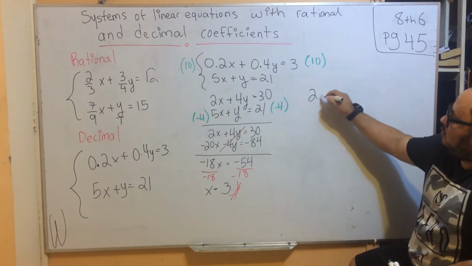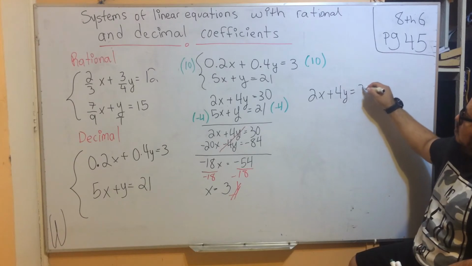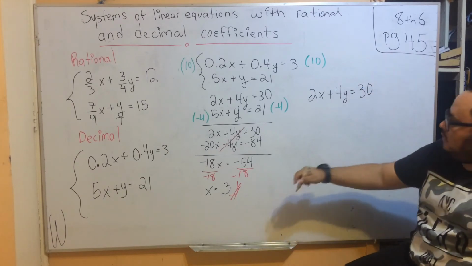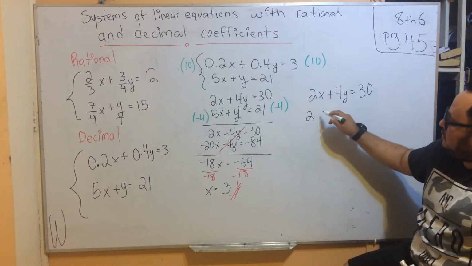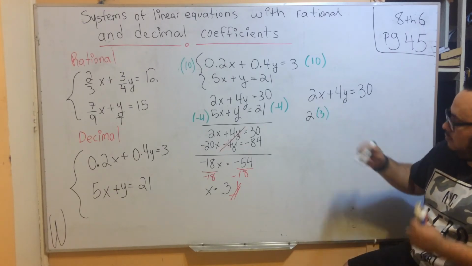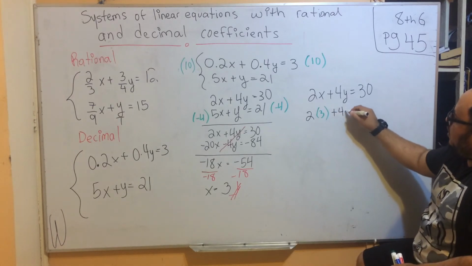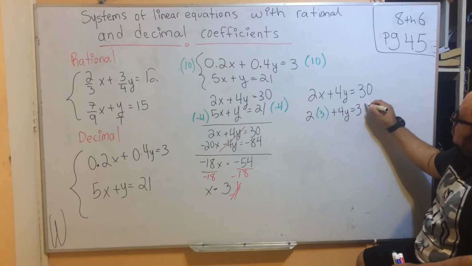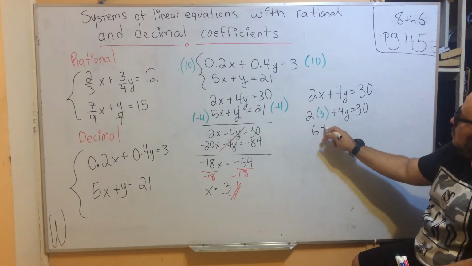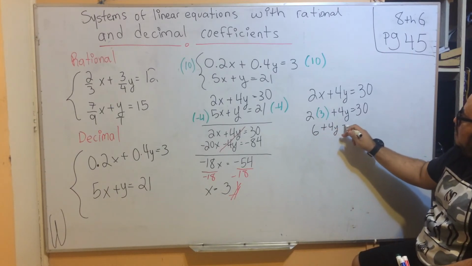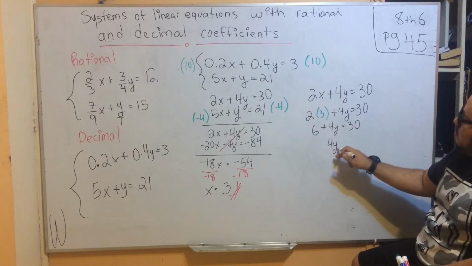Let's put this one: 2x plus 4y equals 30. Let's put the value of x. 2, and we know that x is 3, plus 4y equals 30. 2 times 3 is 6, plus 4y equals 30. 4y stays here.